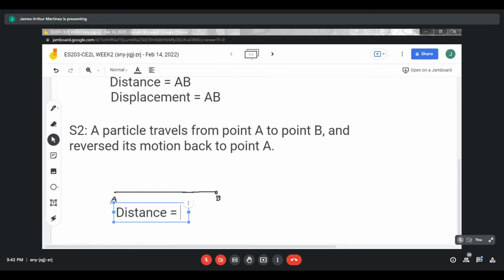The definition of distance is the total accumulated length traveled by your particle or body. Therefore, the total distance is AB plus BA.